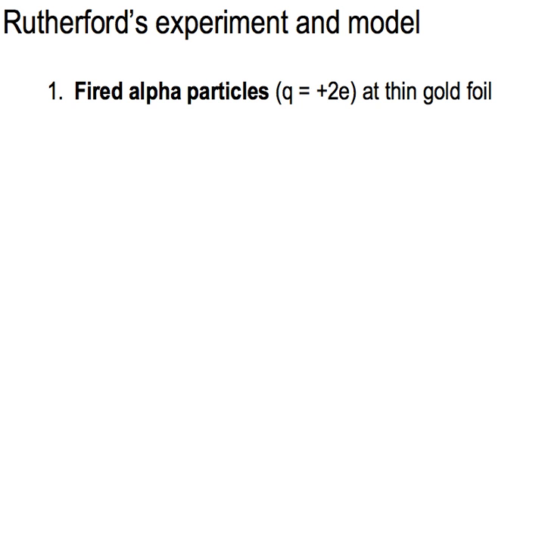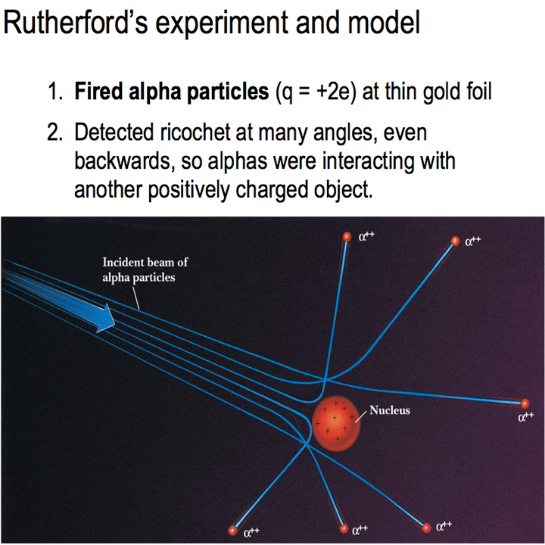What he did was take a thin gold foil and fire alpha particles from a radioactive source at the gold foil. Now, they already knew that the alpha particle from this radioactive source had a charge equal to 2 protons, so plus 2e. Then they measured where those alpha particles ricocheted to.